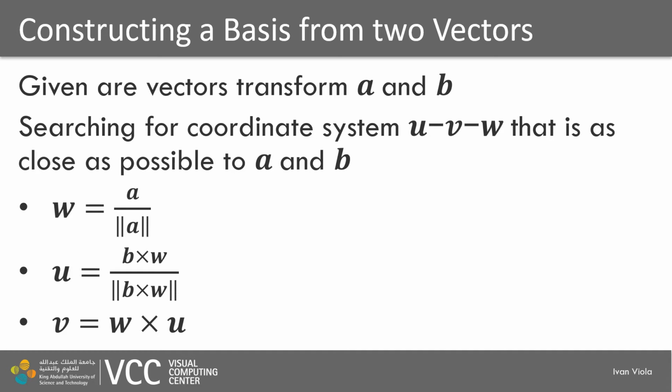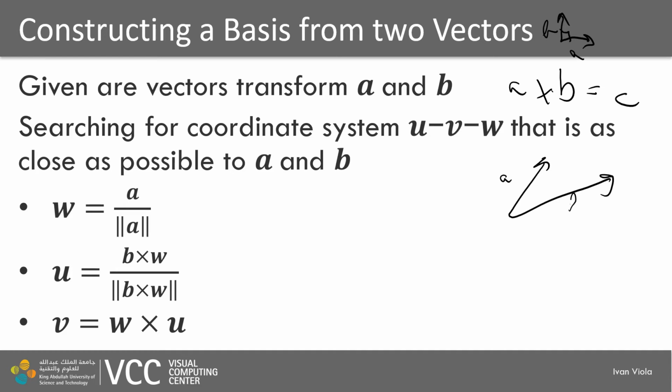In such a case, we will just do the cross product of A with B in order to create the vector C, which will also be orthonormal, and we create an orthonormal frame. In case these two vectors are not unit vectors and are not orthogonal to each other, so they are simply vectors like this, this would be the A and B.